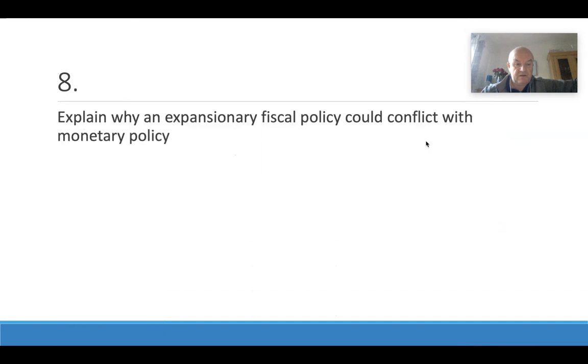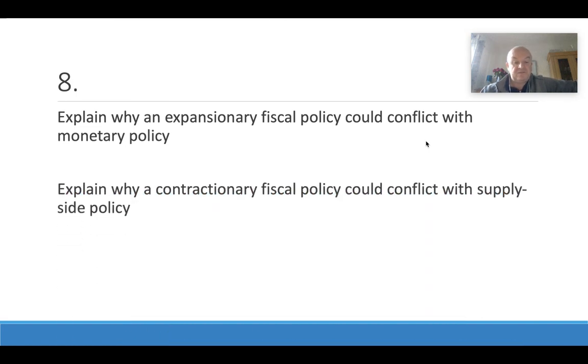Okay, finally then, last question, explain why an expansionary fiscal policy could conflict with monetary policy. Now, these are typical example questions that you might get asked as far as comparing different types of policy, both fiscal and monetary, and why those things might conflict.